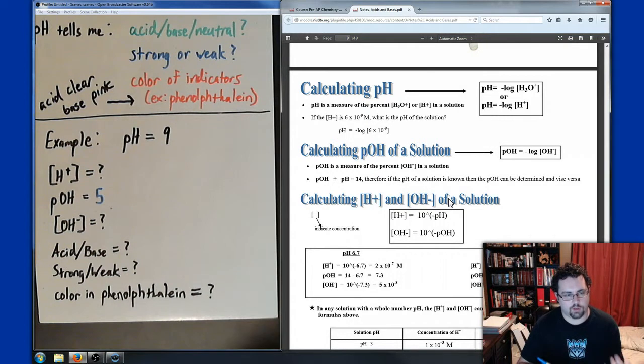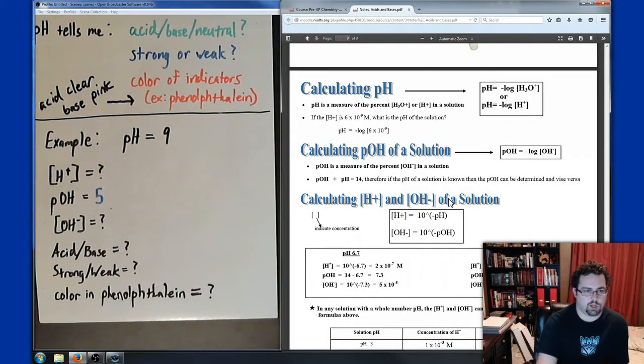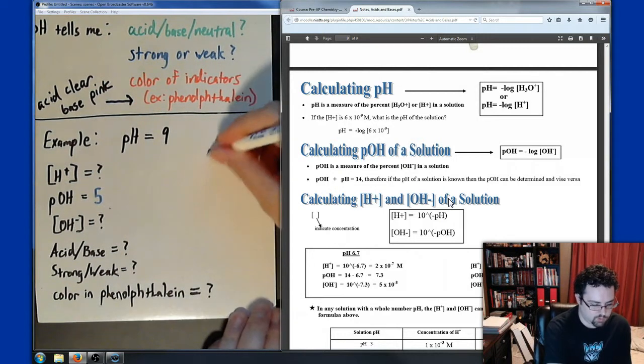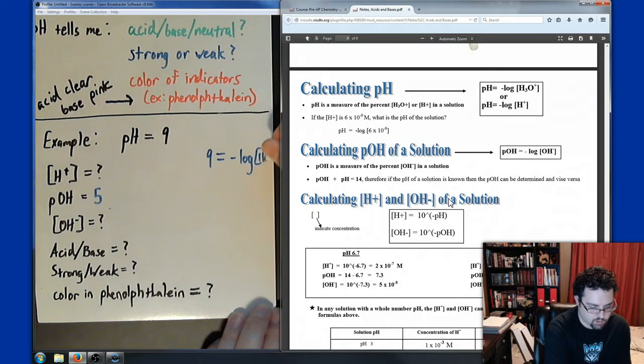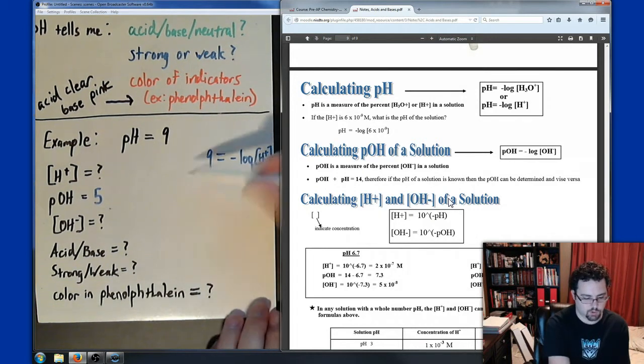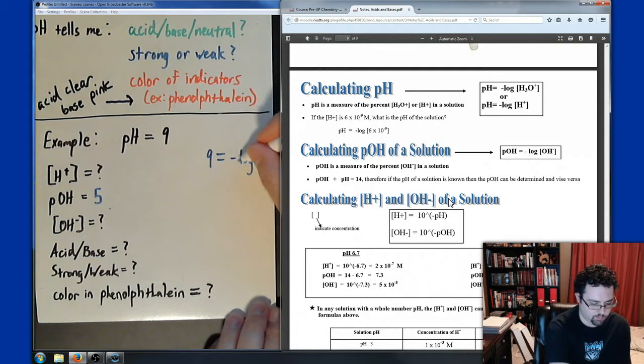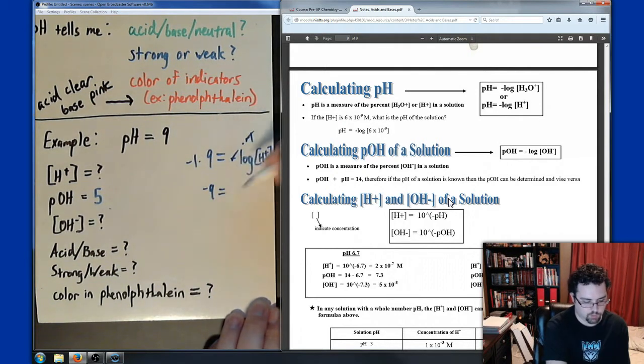As far as the 9 goes, remember pH and negative log base 10 are related to each other, so 9 equals negative log of whatever my hydrogen ion concentration is. If you're going backwards, you multiply both sides by -1 to get rid of the negatives. So -9 equals log of hydrogen ion concentration.